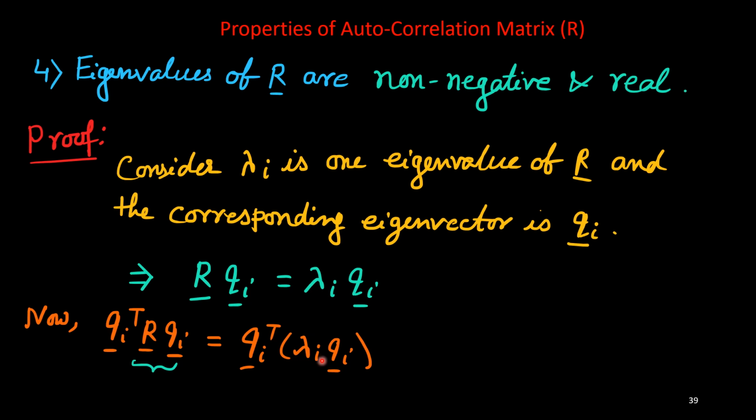Now lambda is a scalar constant, so I can take it outside. This leaves qi transpose times qi.